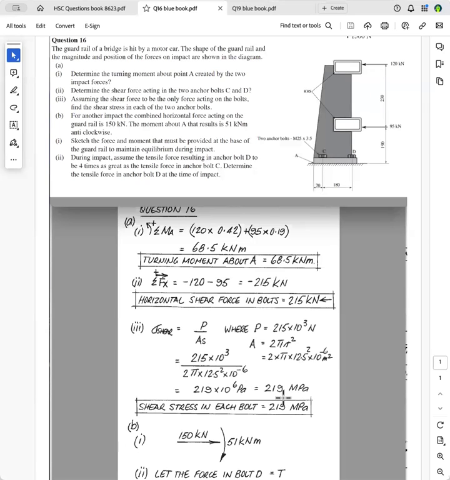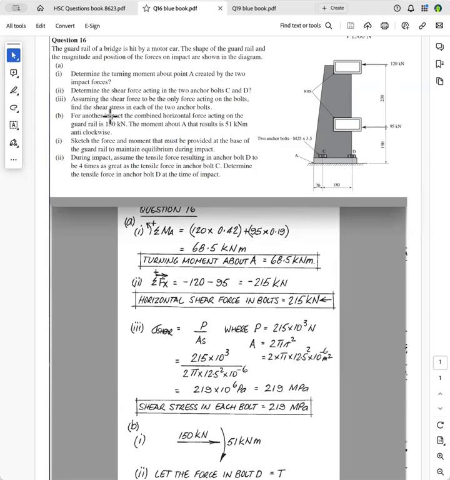And a bolt that isn't a high tensile bolt, it's just a low carbon steel bolt, would probably have a shear strength of around about 240 megapascals. So it's getting up there. But these would, I guess, be high tensile bolts if they're designing it for these forces here.